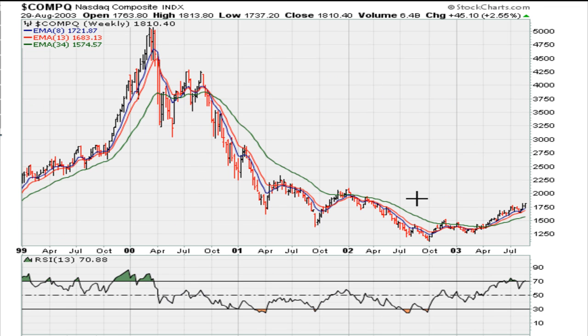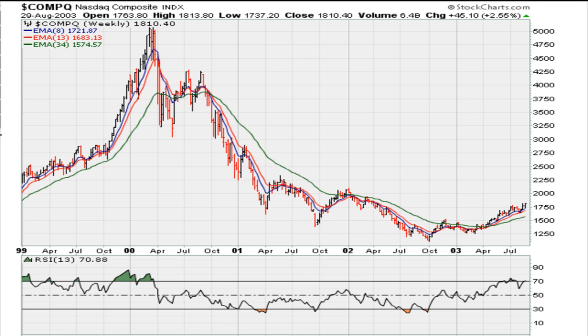This is the NASDAQ chart going back from 1999 to 2003, and I want to look at the March 2000 highs when the market made a major high on the NASDAQ before this drop. So I want to go back to the daily charts to see whether we have any negative divergence that would have helped investors recognize that this was a major high.